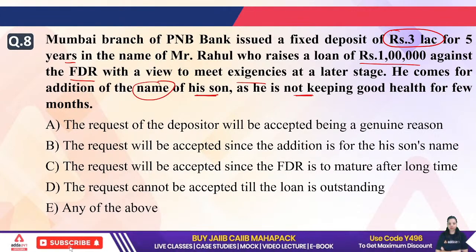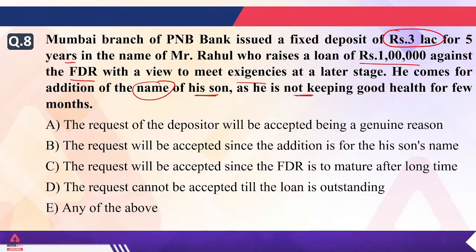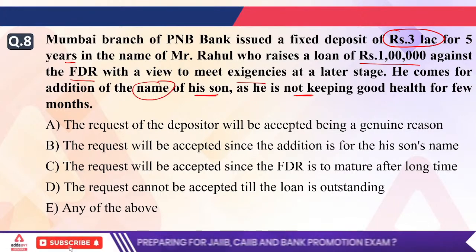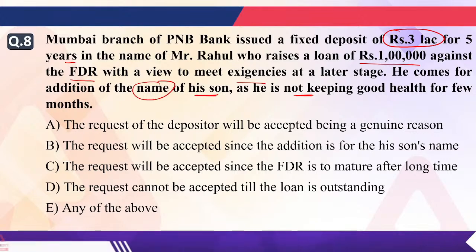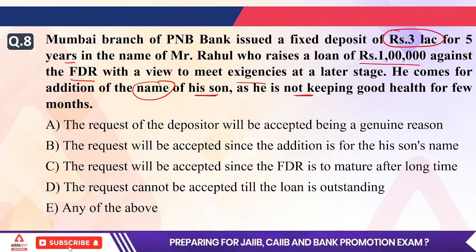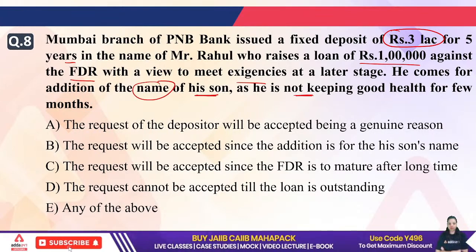Fourth says the request cannot be accepted till the loan is outstanding. And fifth says any of the above. So which will be the right option in the context of Mr. Rahul wanting to add the name of his son in the fixed deposit?